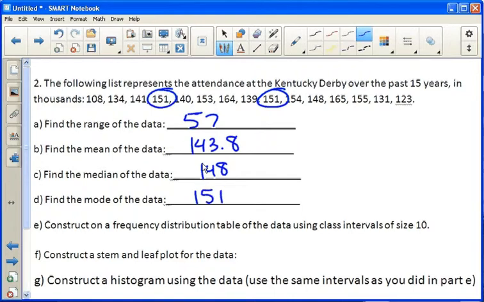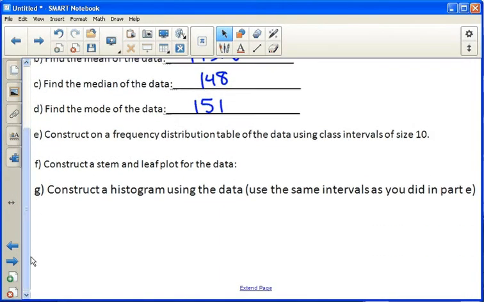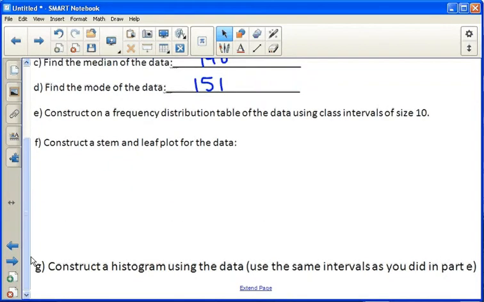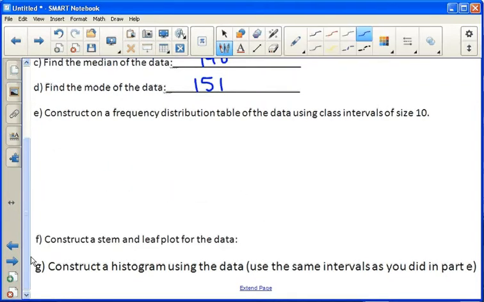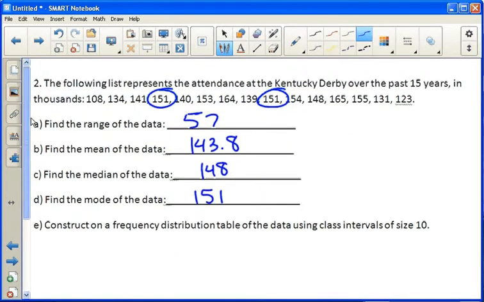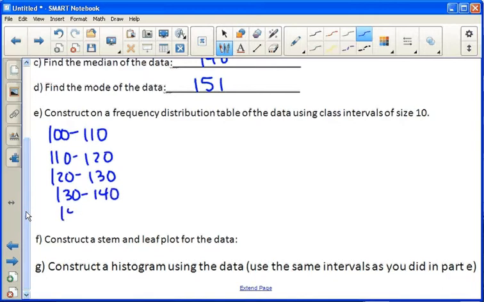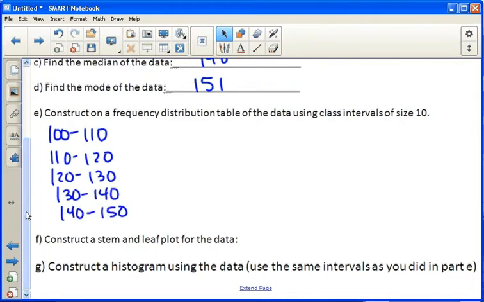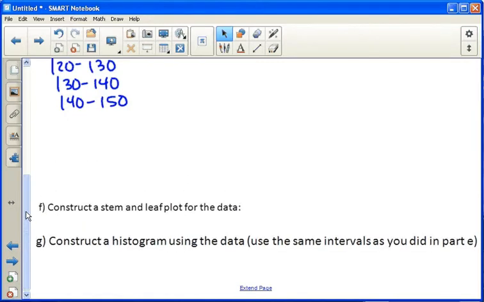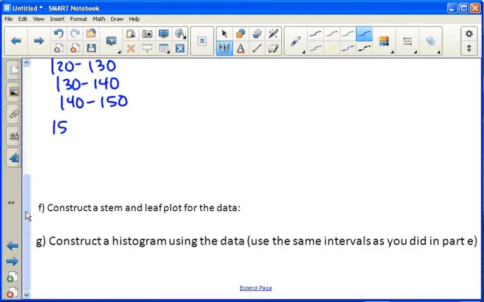Okay, so now we need to construct a frequency distribution table of the data using class sizes of interval 10. So I'll give myself a little bit of room here. Let's see, our data goes from 108 to 165. So we'll do 100 to 110, 110 to 120, 120 to 130, 130 to 140, 140 to 150, 150 to 160, and finally 160 to 170.